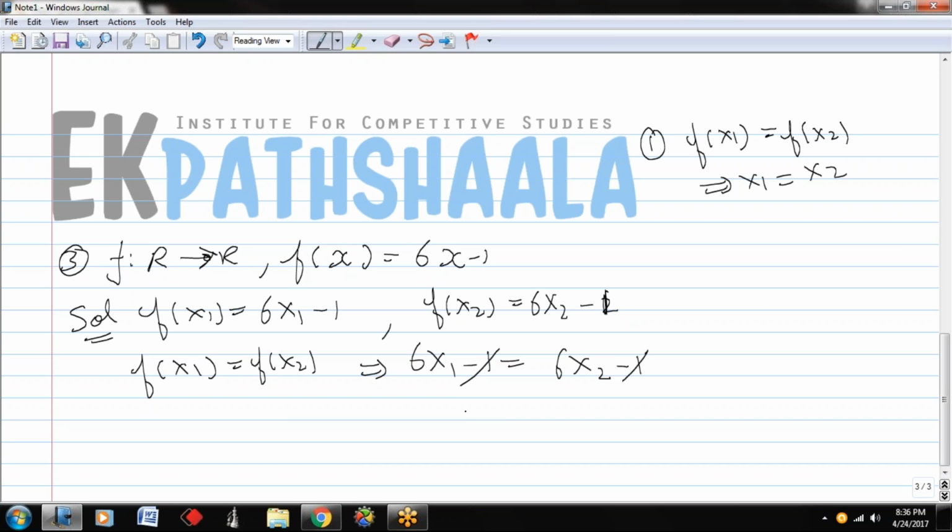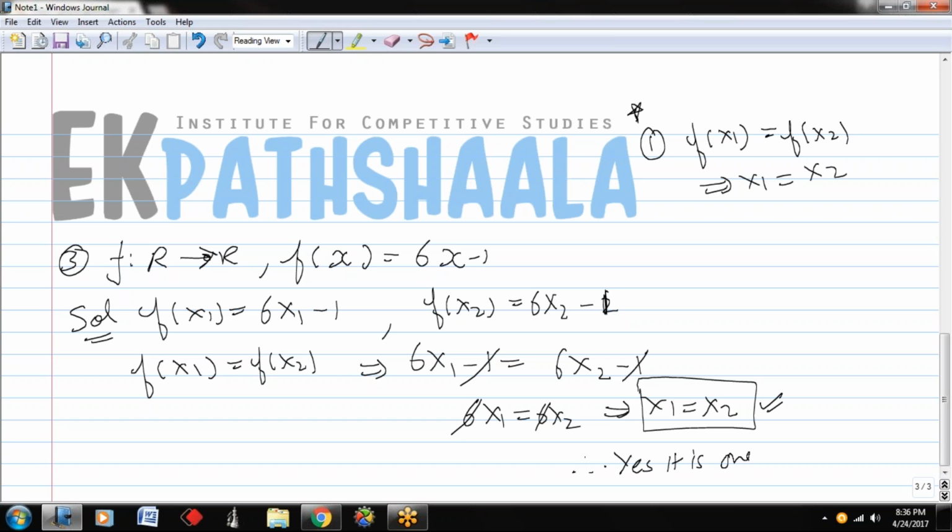Minus 1 से minus 1 gets cancelled. 6x1 is equal to 6x2. 6 gets cancelled with 6. x1 becomes equal to x2. ठीक है, वही चीज हमने बोली थी कि f of x1 इक्वल टू f of x2 पर हमें x1 इक्वल्स टू x2 मिलना चाहिए, और लास्ट में हमें वही मिल गया. Therefore yes, it is a 1-1 function.